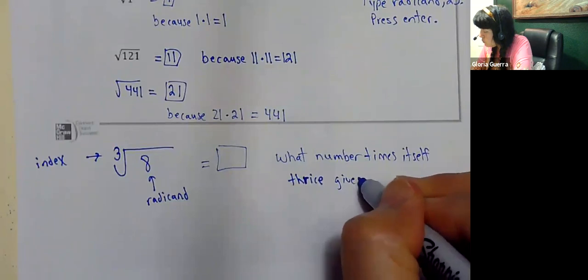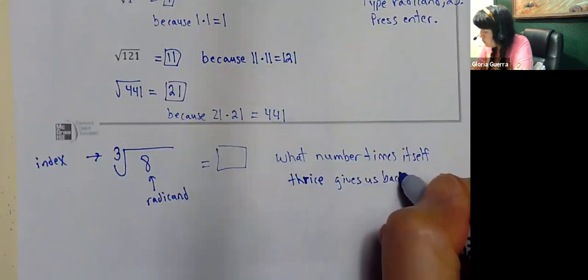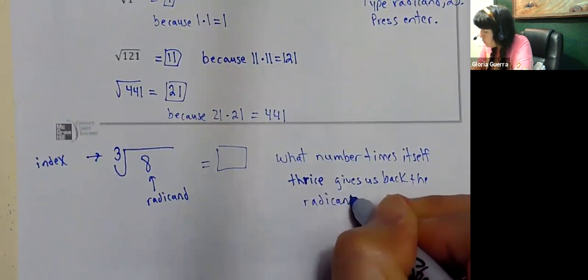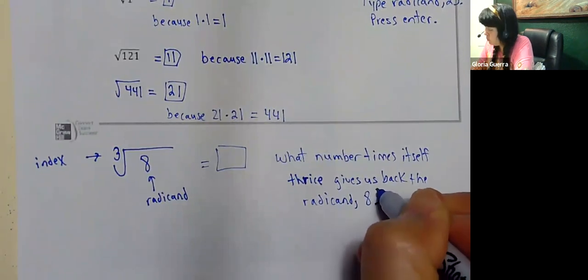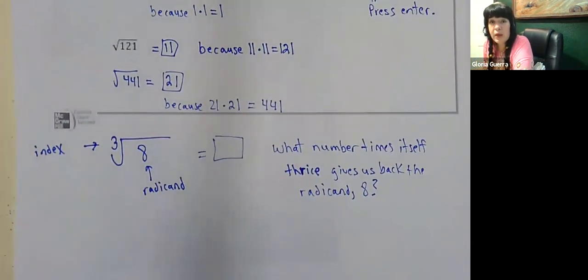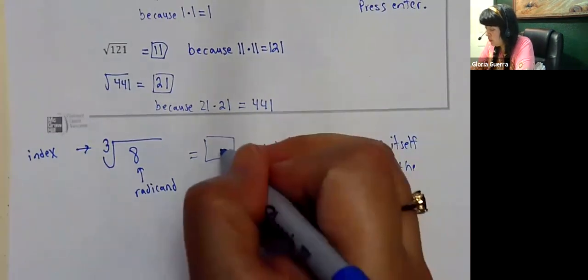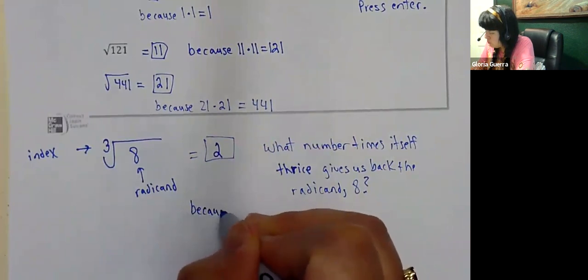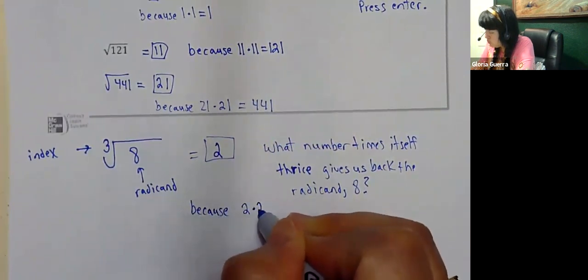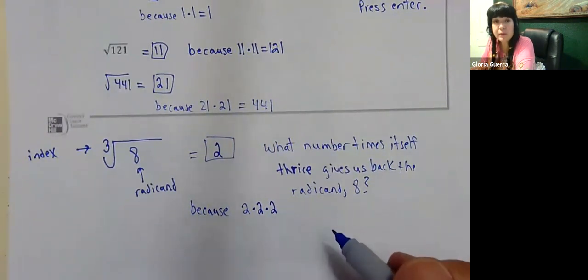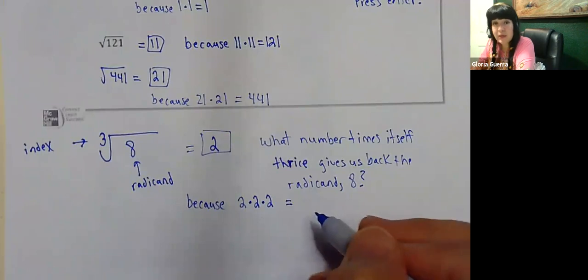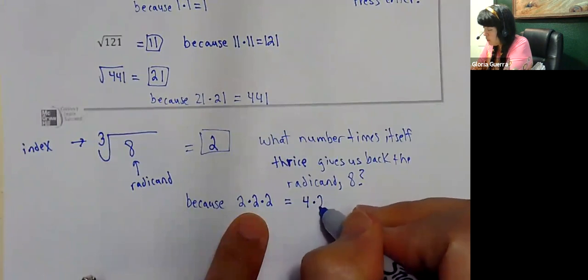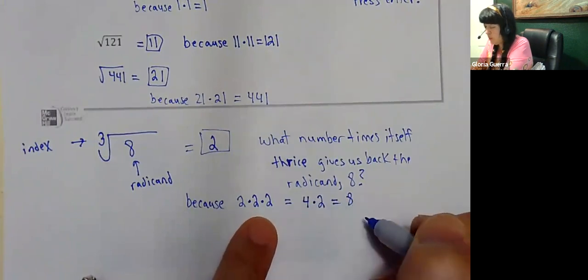gives us back the radicand 8. And for us, that answer would be 2, because 2 times 2 times 2 equals 8. 2 times 2 is 4, and then 4 times 2 does give us back 8.